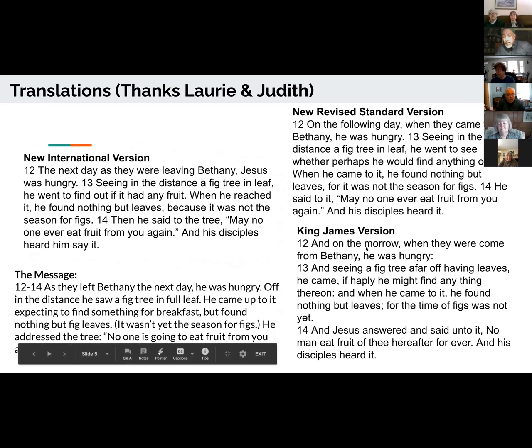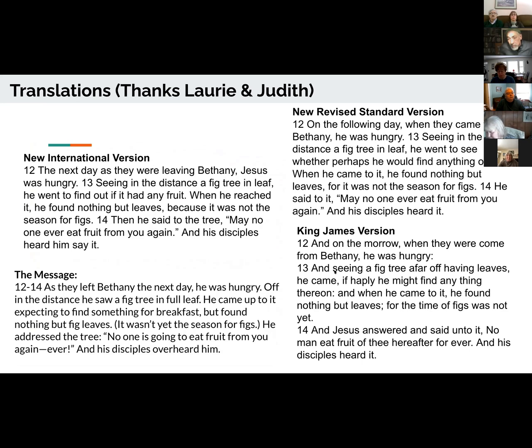Okay, so here are the four versions of this particular text that we wanted to talk about today, that Lori found for us. I wonder, do you have any observations at all, Lori, about how these four versions compare?